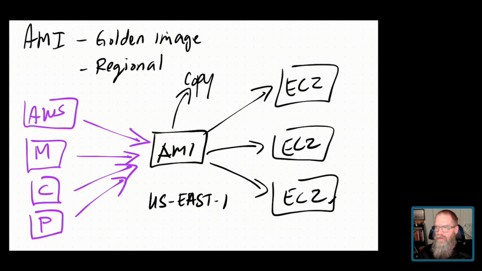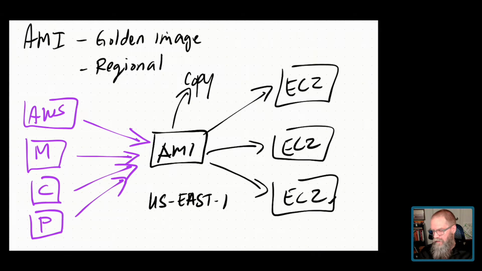Okay, we can create our own private AMIs, and that's what we're going to do today. And we're going to set that up with our own baked-in software, a couple packages and stuff like that, just to show you how this works. Okay, so you've got 4 sources for AMIs: AWS, the marketplace, community-provided images, and then your own private images.